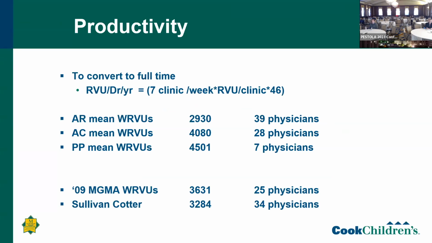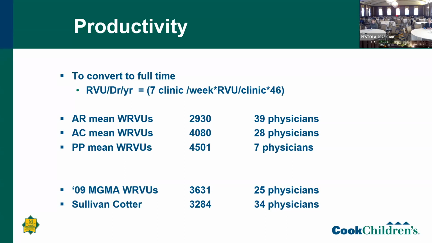But the nearest MGMA to the time of this survey, this is 2009, this is 2011 data, show that the average physician was doing 3,631 RVUs a year, and the Sullivan-Cotter, which is another survey, showed 3,284. So, which data is right?